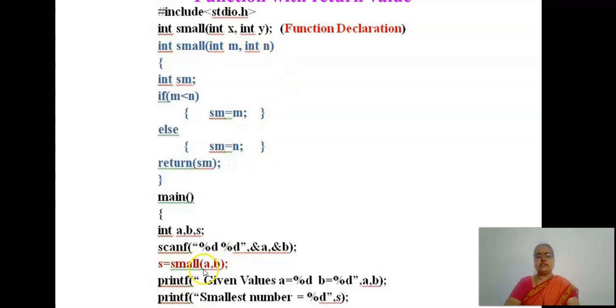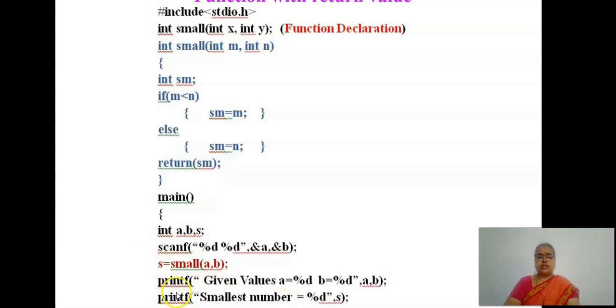While calling the function, the value of a will be passed to m, and the value of b will be passed to n. Okay, and so m and n will be compared. The smallest number will be stored in the local variable sm, and it returns the variable sm, and the returned value will be stored in the variable s.